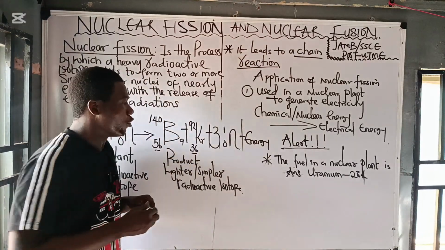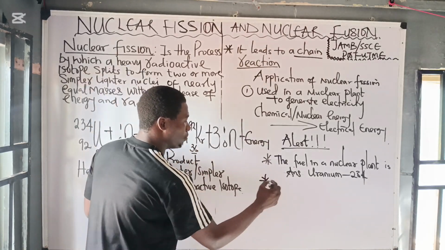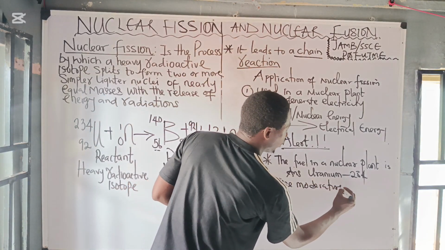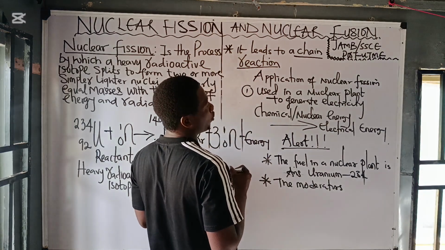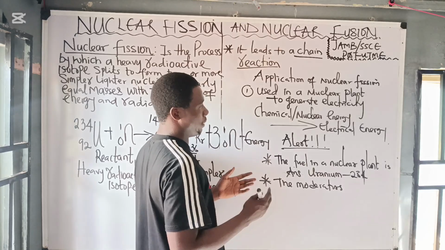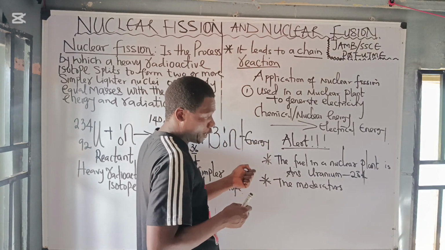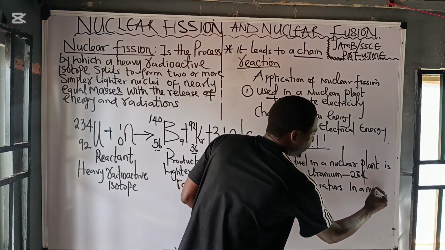Take note of that. Number two, what are the moderators in a nuclear plant? I have told you that one of the applications of nuclear fission is use in a nuclear plant to generate electricity. So we are talking about the functions of the component parts.